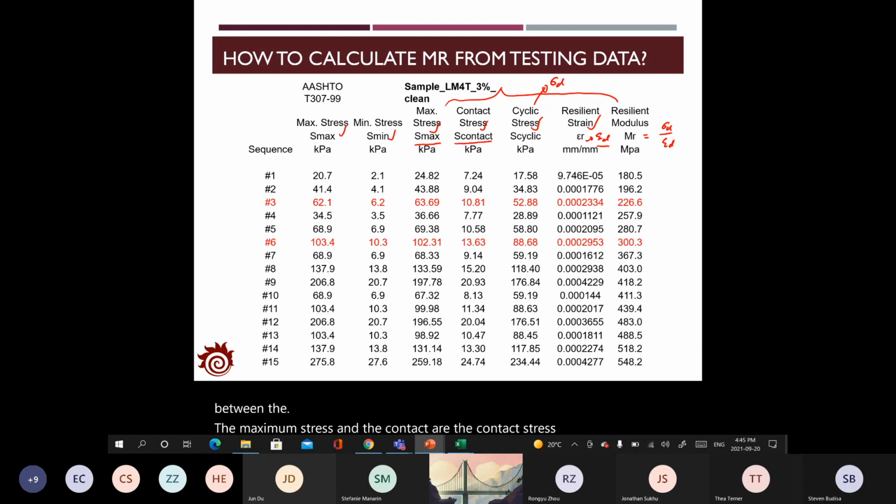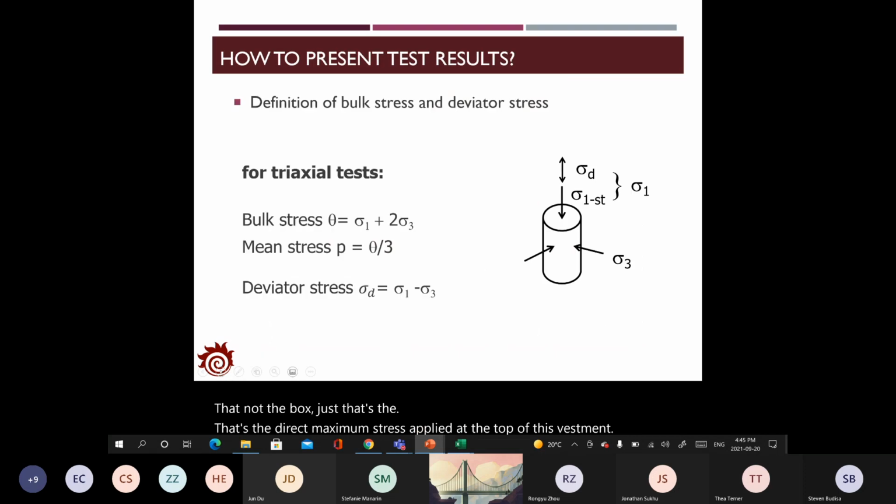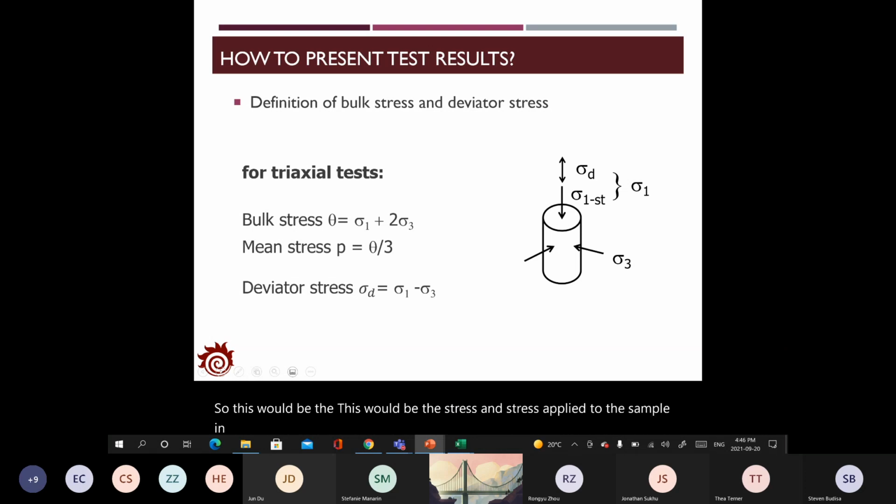So the contact stress is also sigma first, and the maximum stress is the direct maximum stress applied at the top of the specimen. So this would be the stress applied to the sample in the MR test.